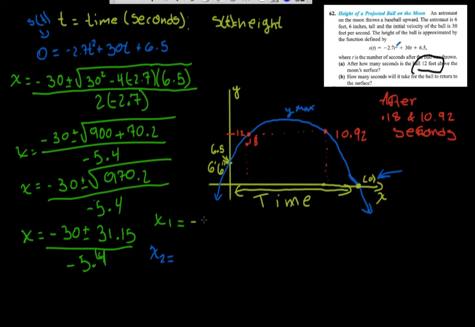We're gonna solve t1. We're gonna say negative 30 plus 31.15, all of that divided by negative 5.4. So I'm gonna have here 1.15, because 30 minus 31.15 is going to be 1.15.